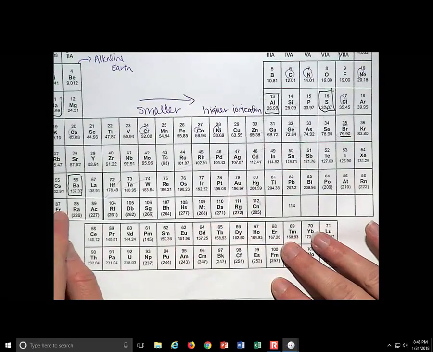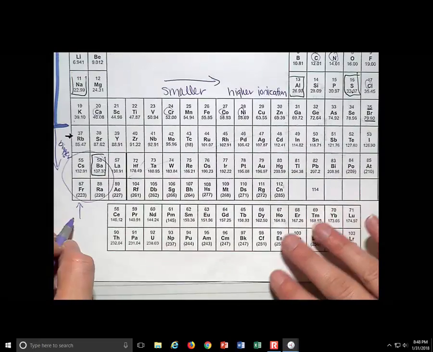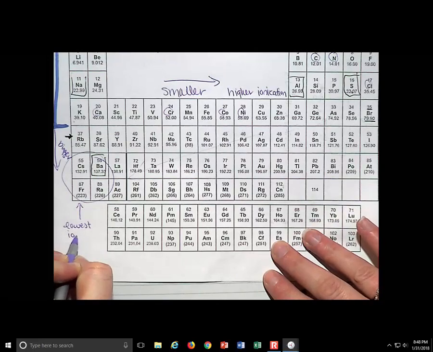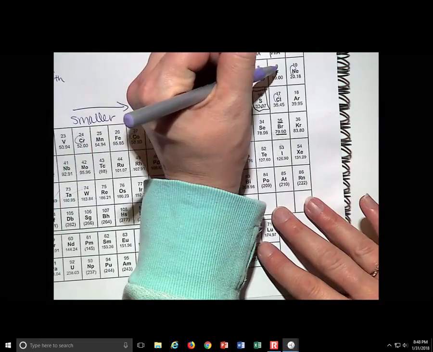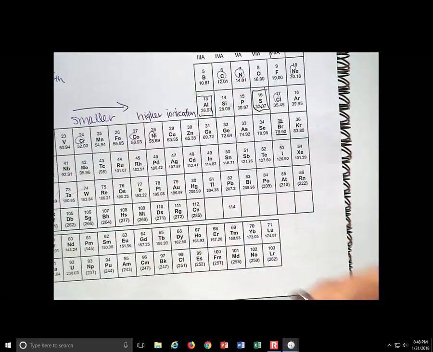And the bigger it is, so down over here, we're going to see elements with the lowest ionization energy. And then fluorine and helium, those have the highest ionization energies.